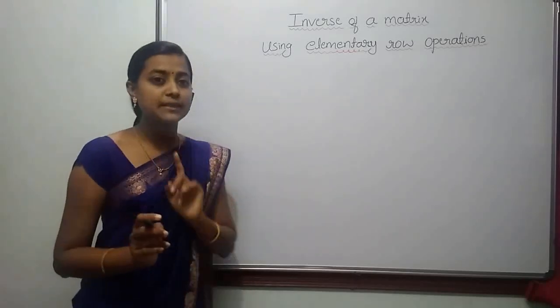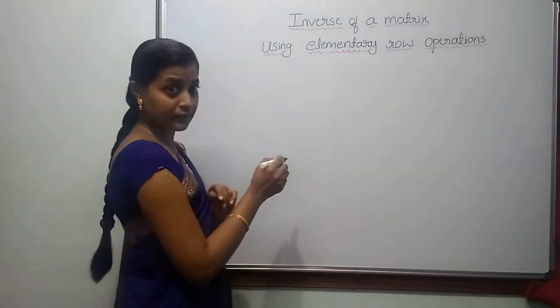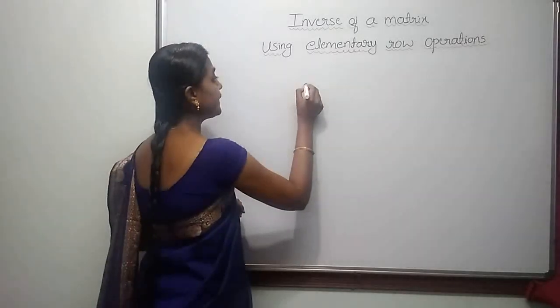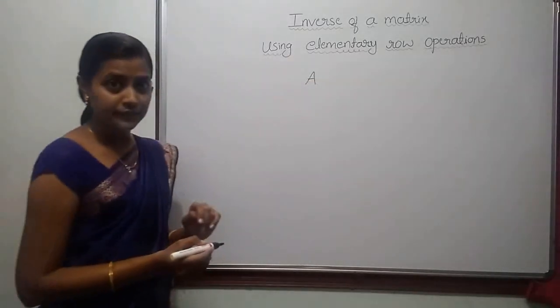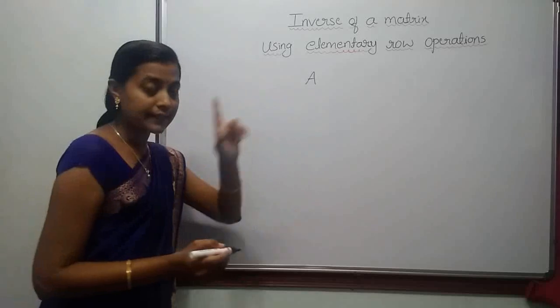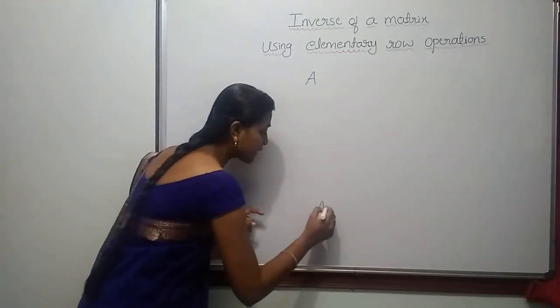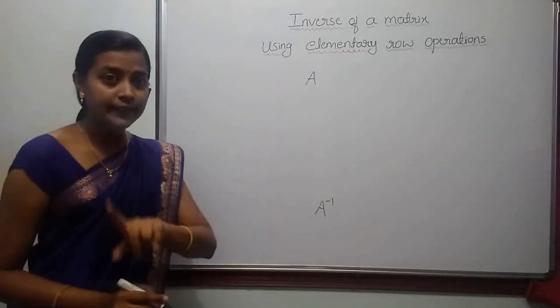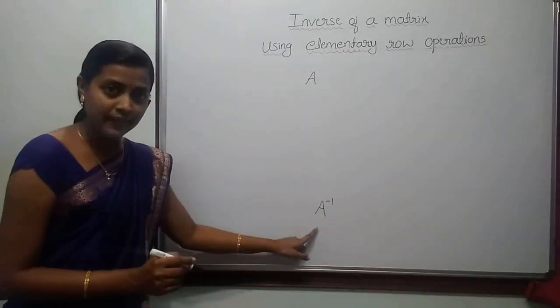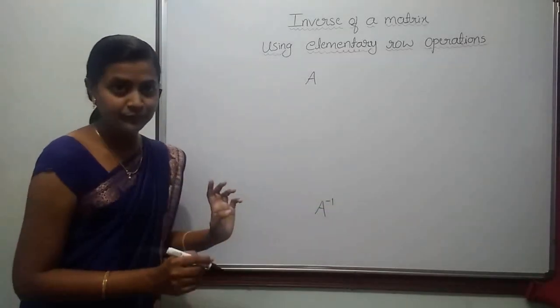First, I'll explain the method. Suppose we have to find inverse of a matrix A. The inverse of a matrix A is denoted by A raised to minus 1. We read it as inverse of matrix A or A inverse.